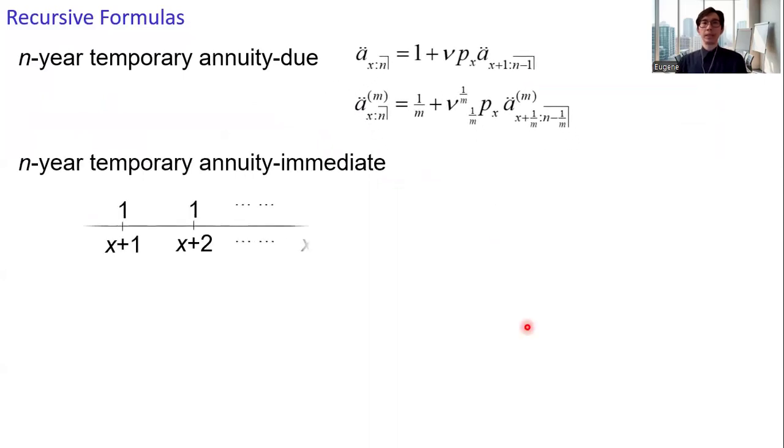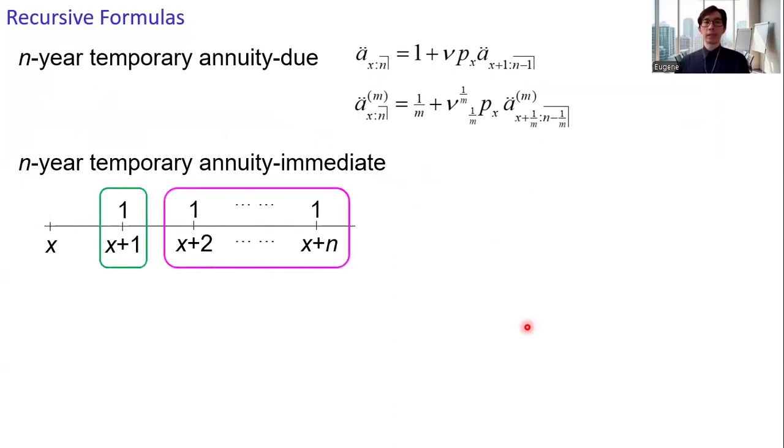For annuity immediate, again, split the payments into two parts. If the individual survives to age x plus 1, at this time point, the payment is 1, discount back to age x.